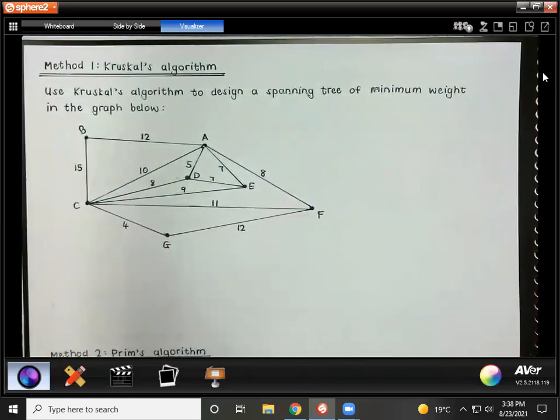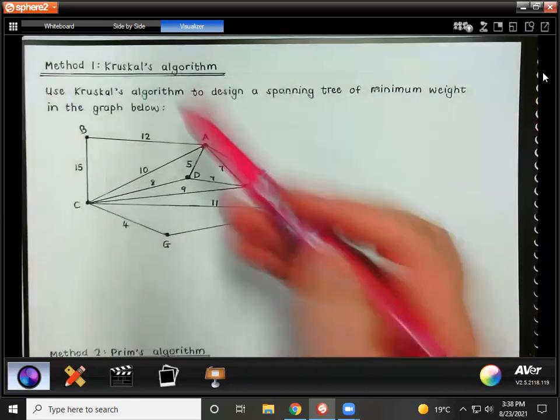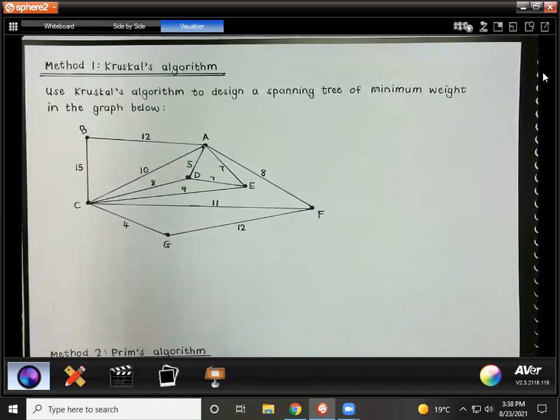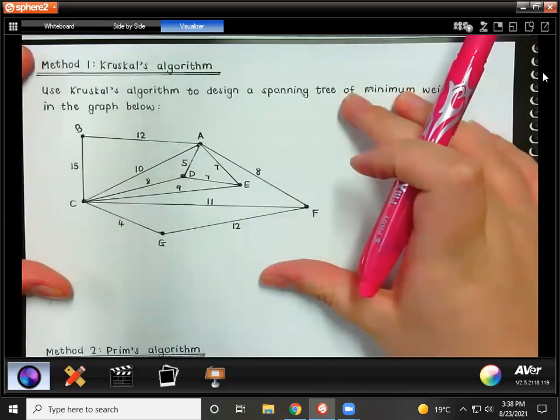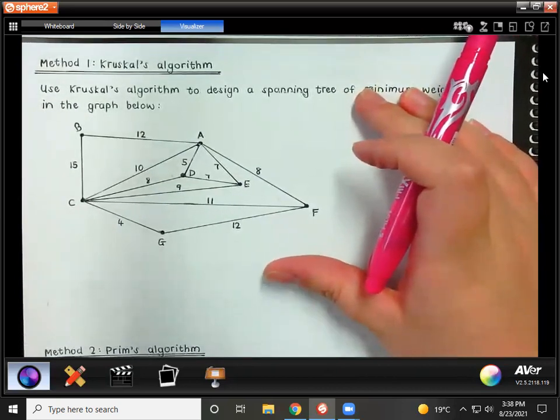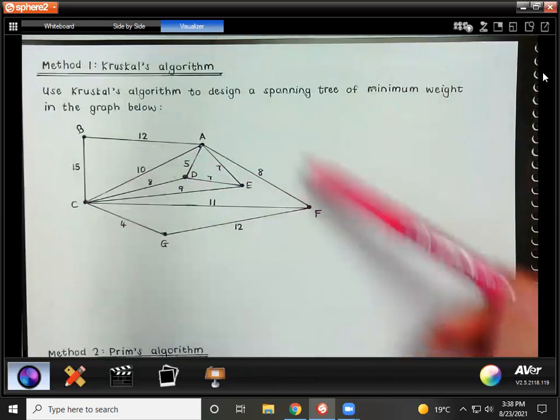Okay. Now, guys, Kruskal's algorithm, note that they haven't told us which vertex we're supposed to start at or which edge we're supposed to use first. With Kruskal's algorithm, we look for, I want to say the shortest edge, but it's not necessarily shortest, right? Remember, they can put all sorts of things on here.